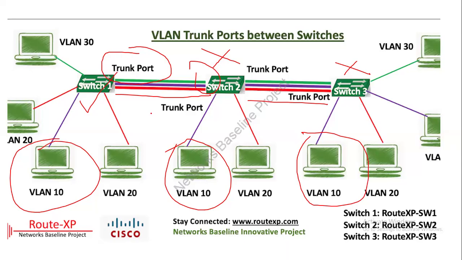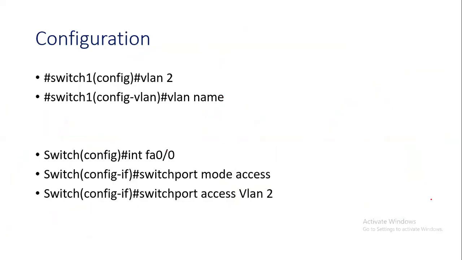If you configure the trunking port, all VLAN configuration from switch 1 goes to switch 2, and switch 2 to switch 3. Then you can see VLAN 10, VLAN 10, VLAN 20, VLAN 20, and that traffic stays as it is. So that is the main advantage of the trunk port.